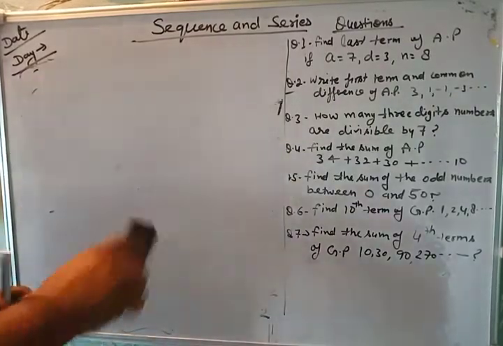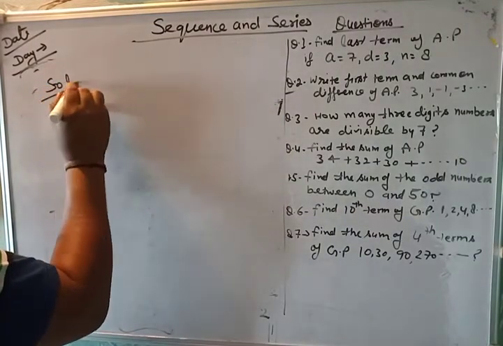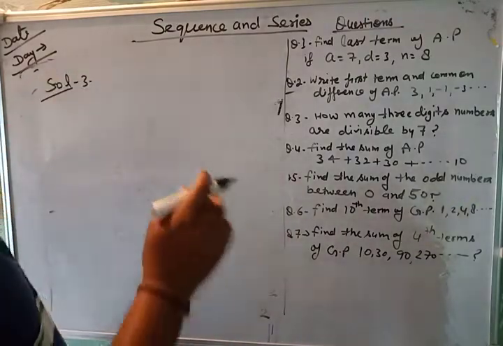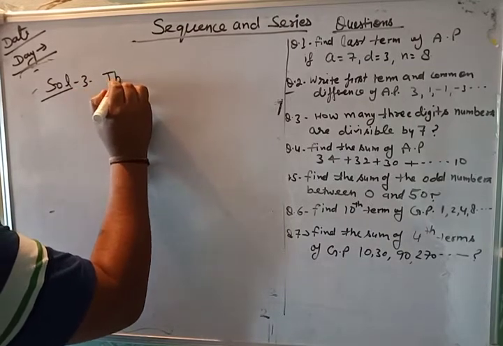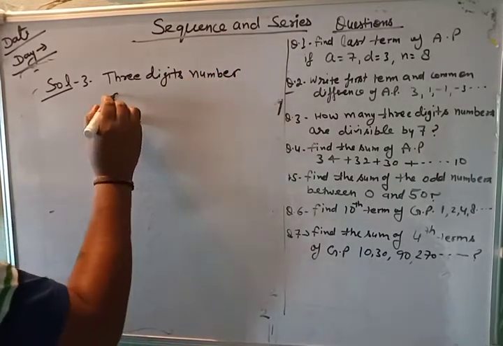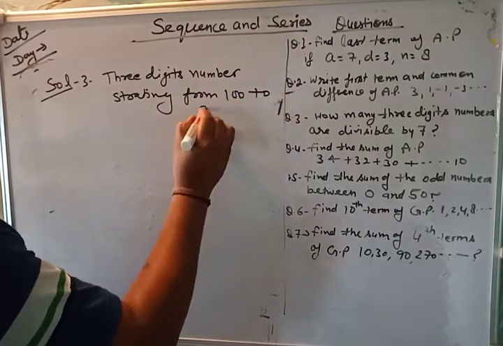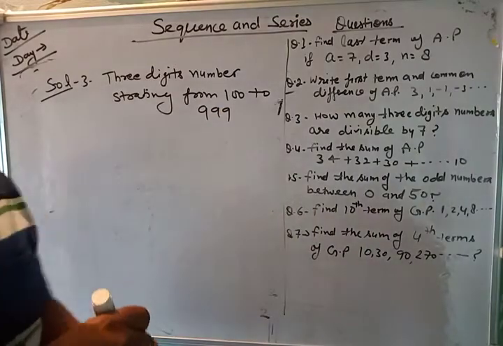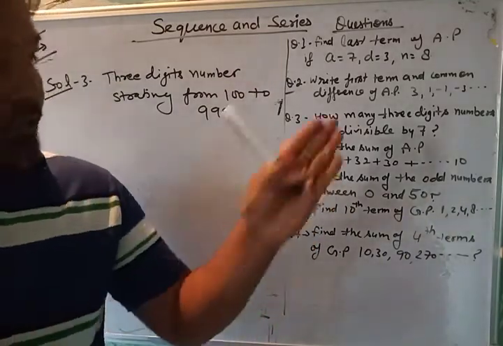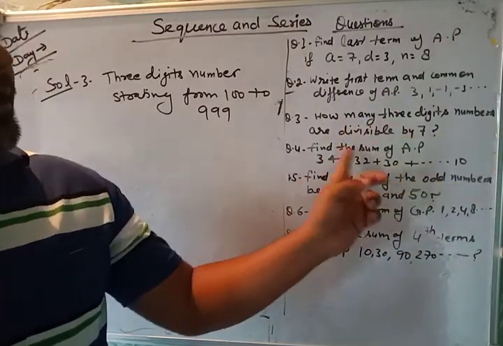Now the next question is the third question. Solution of the third: how many 3-digit numbers are divisible by 7?